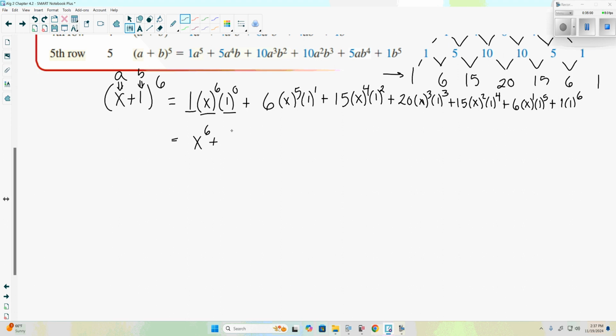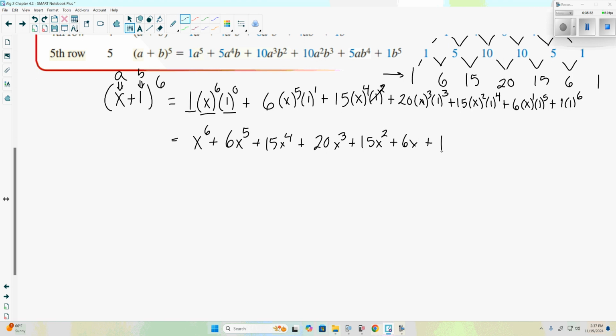Plus, we still have 6 x to the 5th times 1. This is still just going to be 1 across all of them. Plus 15x to the fourth plus 20x cubed plus 15x squared plus 6x plus 1. So (x + 1) to the 6th power is x to the 6th plus 6x to the 5th plus 15x to the 4th plus 20x cubed plus 15x squared plus 6x plus 1.